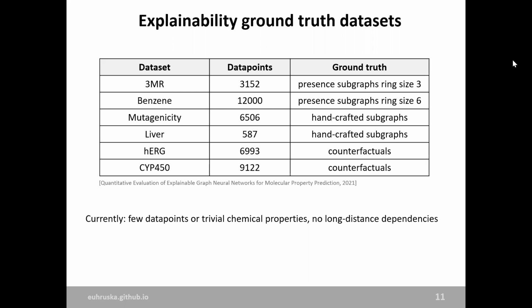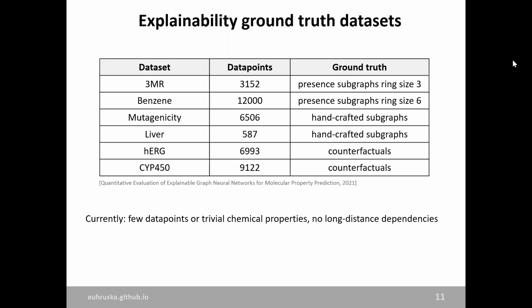The first two are explanation data sets for simple properties. Is there a ring of different size present or not? These rings are relevant to chemistry, but they are quite simple properties. It's just a ring. So it's not necessarily a complex chemical property.